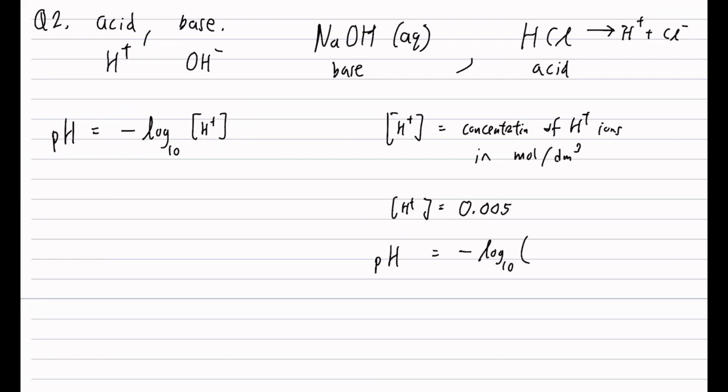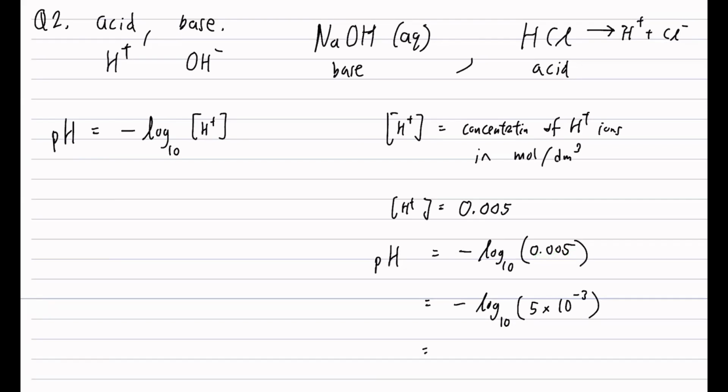So it's negative log base 10 of 0.005, which you can rewrite in scientific notation as 5 times 10 power negative 3, right?